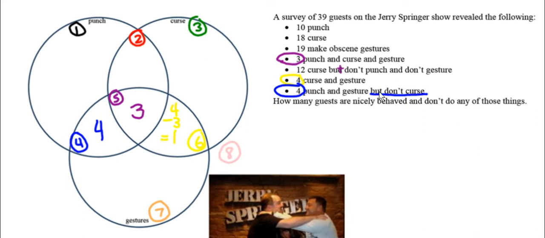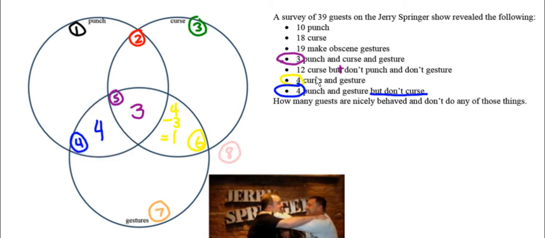So punch and gesture but don't curse is just this section. It does not include the 3 because it says they do not curse. So just this section is equal to 4. In this case, you do not subtract the 3.